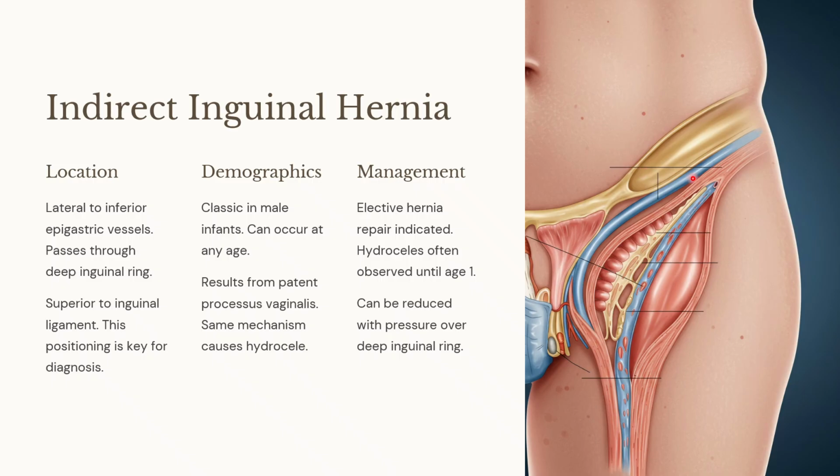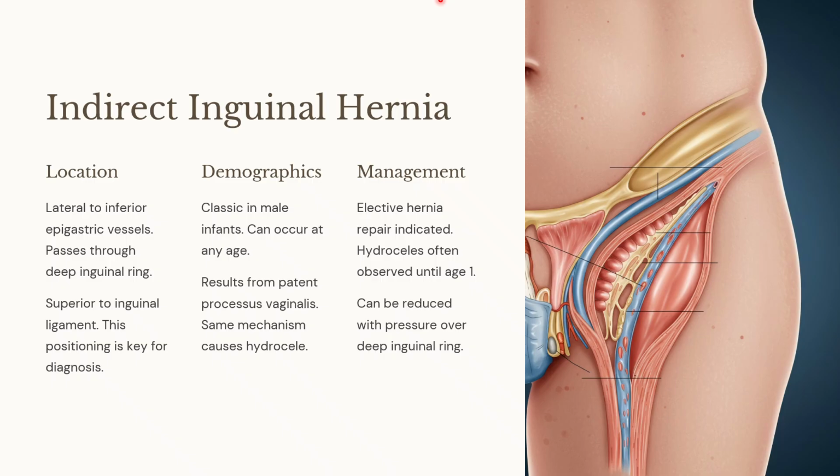So either they will be giving you a clinical presentation of a direct or indirect inguinal hernia, and they will ask you where exactly the hernia is, whether it is medial to the inferior epigastric vessel or lateral to the inferior epigastric vessel. So this hernia which passes through the deep inguinal ring occurs because of patent processus vaginalis.